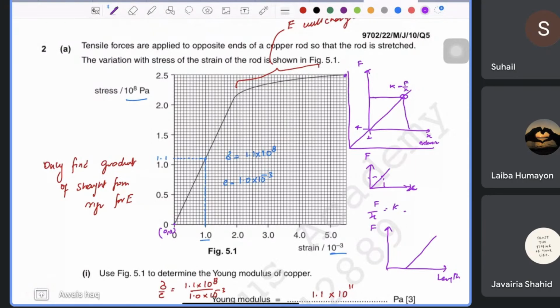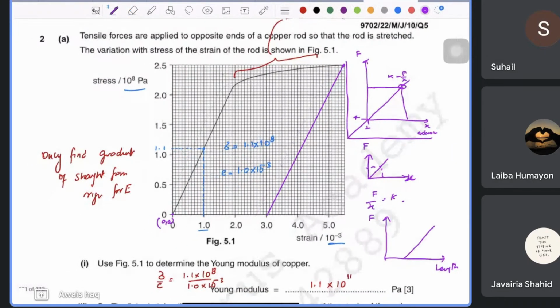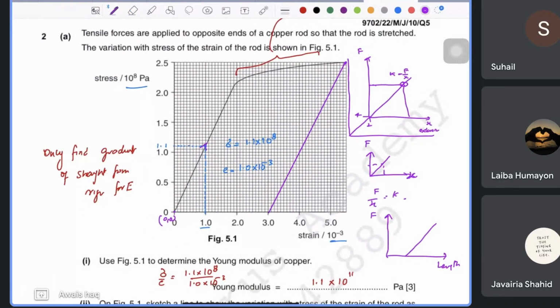So when it is reduced, because it has already undergone some sort of deformation, what you're going to do is make a straight line like this, and just let it be. Because basically when you go beyond the elastic limit, it leaves a permanent deformation forever.